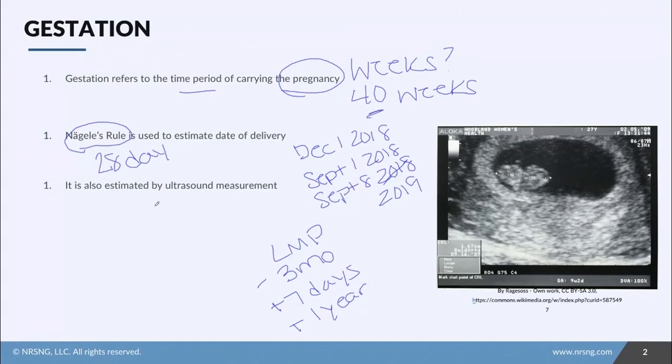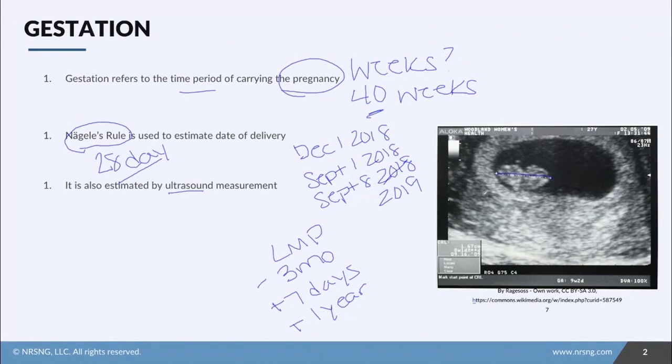So let's say you have a patient that maybe can't tell you when her last menstrual period is, or she doesn't have a regular 28-day cycle, because remember, that's how it's going to be most accurate. For this patient, we can do an ultrasound measurement to estimate that. The patient comes in and has an ultrasound. Over here, you'll see we measure the crown to rump, so the head to the bottom, basically, of the embryo.